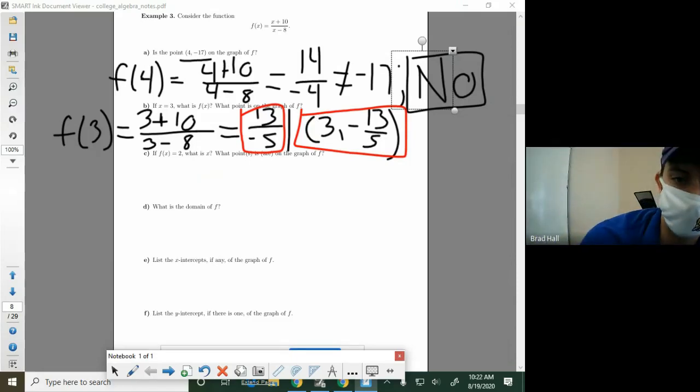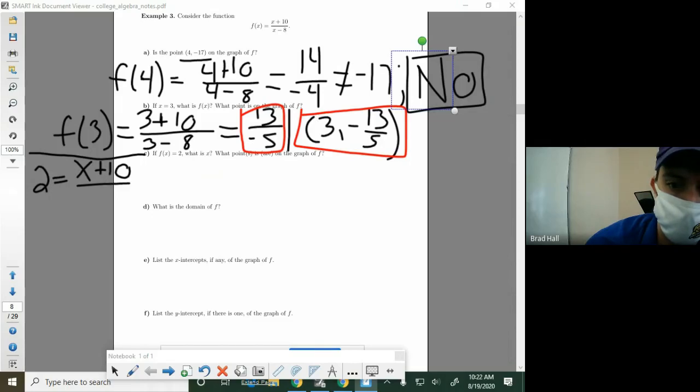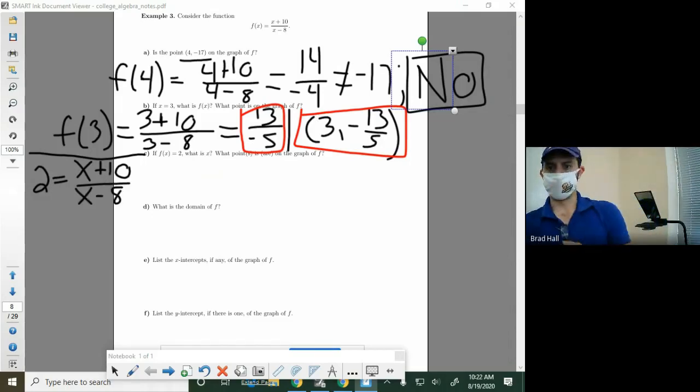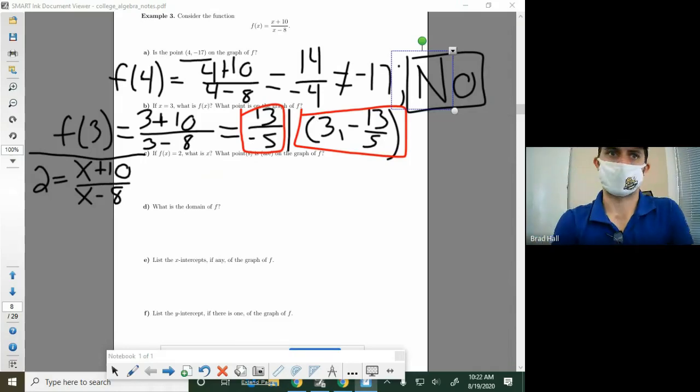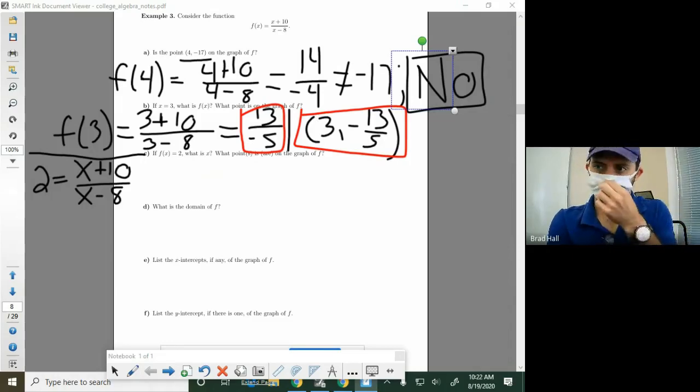So with all these things aside, we get 2 is equal to x plus 10 over x minus 8. And then from here, we need to solve for x. It will require a little bit of algebra. If anything, you can use cross multiplication.